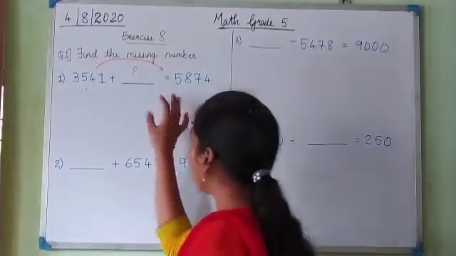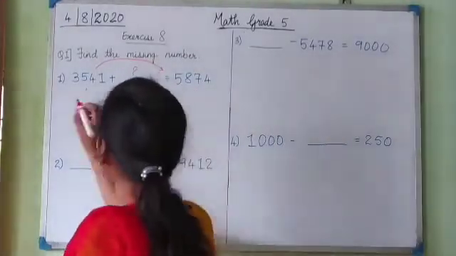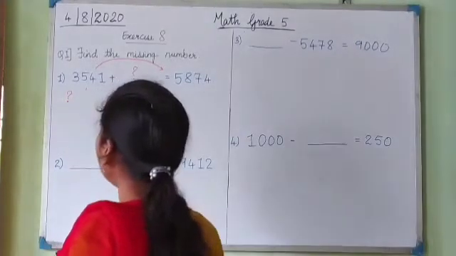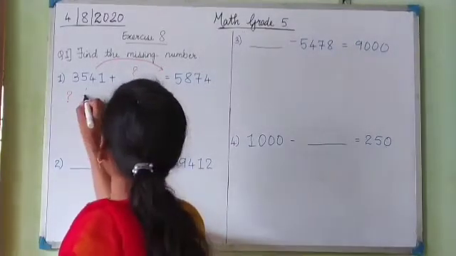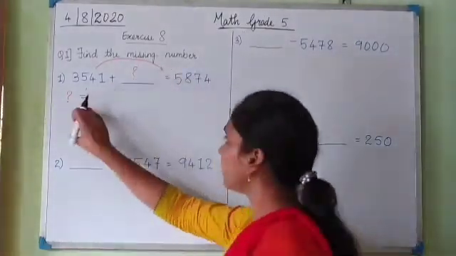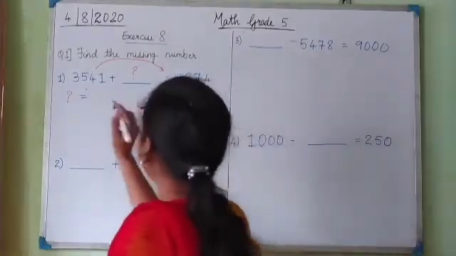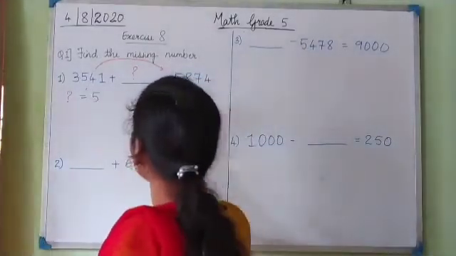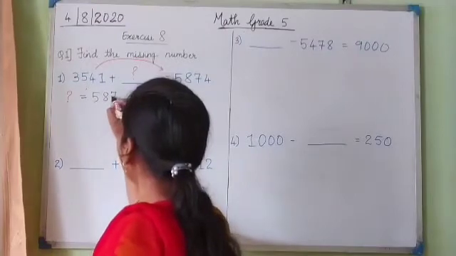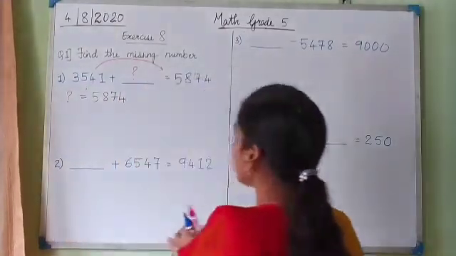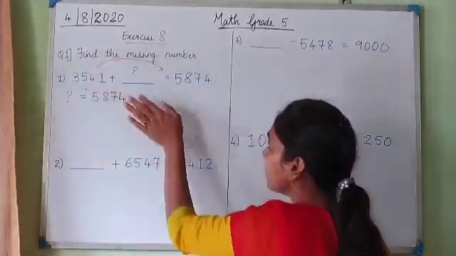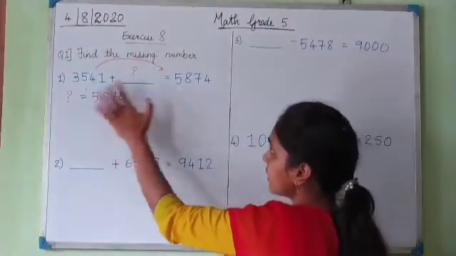Okay, so let's see how to do it. Here there is a question mark which we have to find, and the equal to sign. Here the equal to sign I write, and then I write the number which is there as it is, 5874. Okay, so leaving this part, this much I have written as it is.